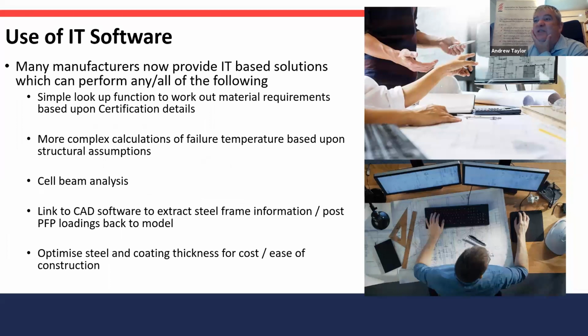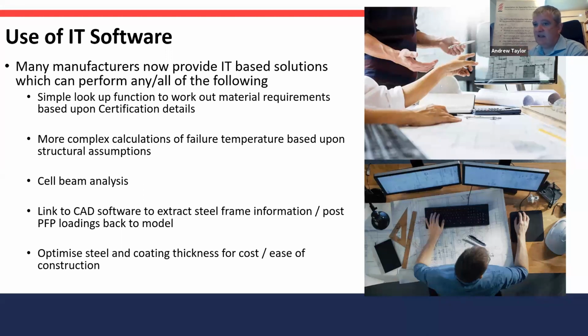Many manufacturers now provide IT solutions which can perform lots of different things, from a simple lookup function to work out how much fire protection you need on a piece of steel, to more complex calculations looking at failure temperature based on structural assumptions and cellular beam analysis. And there are even those out there that link to your CAD model to extract the steel frame information and post the PFP loadings back into the model.